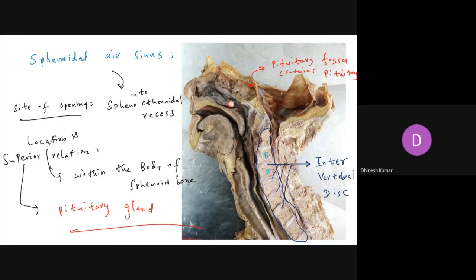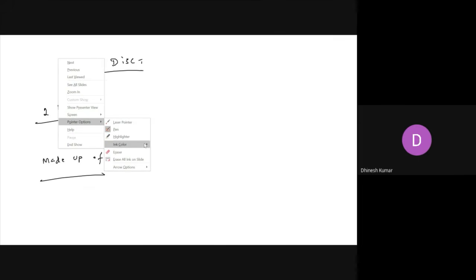Fine. And the subquestion for the intervertebral disc may be, what are the two parts or two components of intervertebral disc? Otherwise it is made up of what type of cartilage? Any one may be subquestion. So remember, what are the two parts of the intervertebral disc?